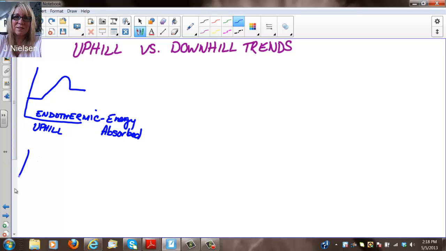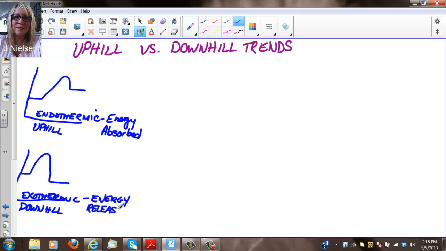And then this type of curve is exothermic. And it's going downhill. And here, energy is released. In a moment, on the next page, I'm going to talk to you in more depth about heating and cooling curves.